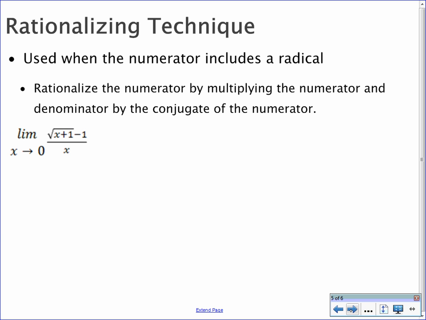Okay? Basically, I want it so that my denominator is not going to be 0 anymore. So, whatever we have as our radical plus a number or radical minus a number, we're going to multiply by the conjugate. What does conjugate mean?